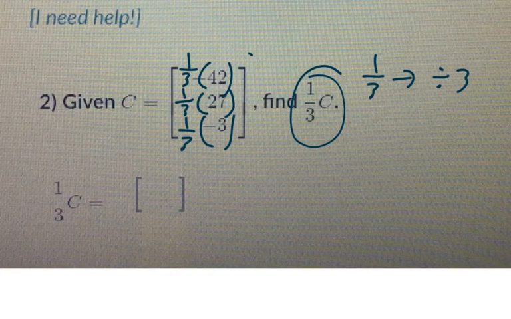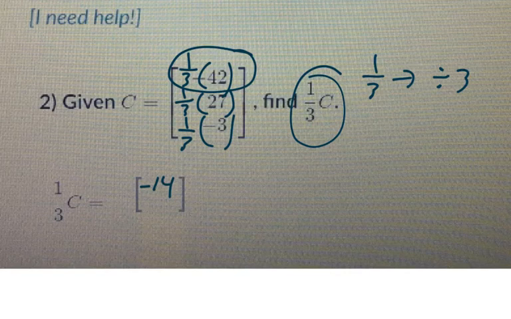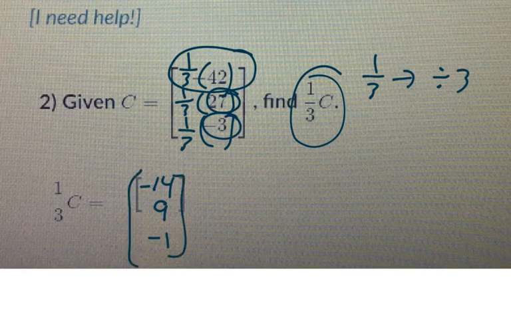So that's what I'm going to do. If you really need to use your calculator, by the way, go ahead and do that. -42 divided by 3, you see, would be -14. 27 divided by 3 would be a 9. -3 divided by 3 would be -1. That right there, guys, would be 1/3 of C. And of course, down here, you'd have the check button to make sure you did it right.